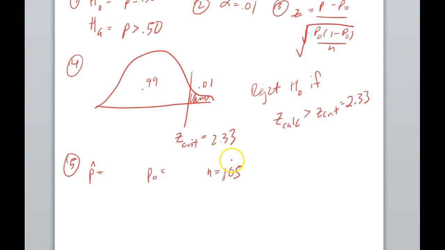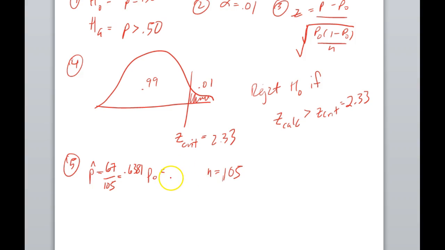What is our p hat? Our p hat is our sample proportion, so it's 67 over 105, which is equal to 0.6381, roughly. And what is our p naught?